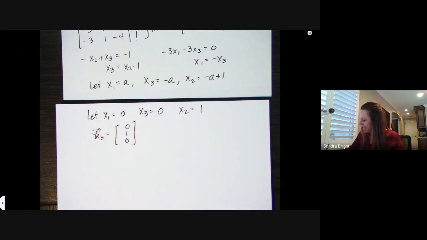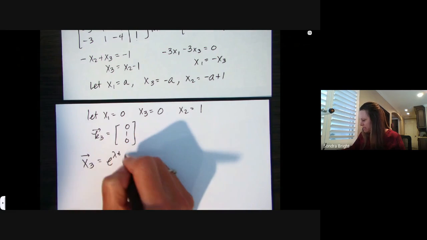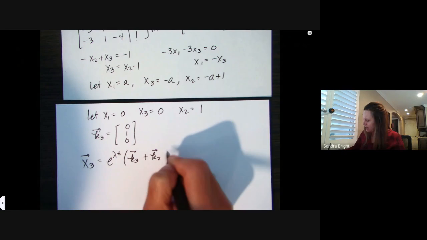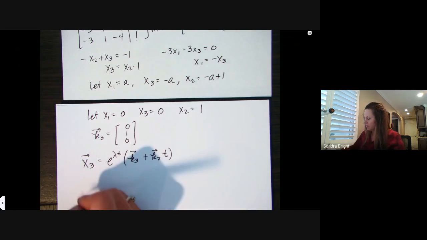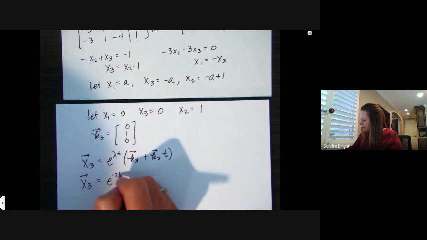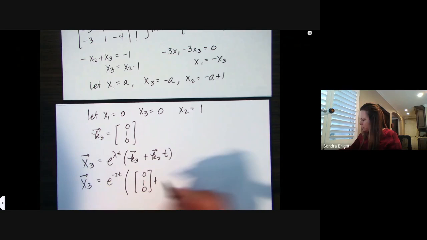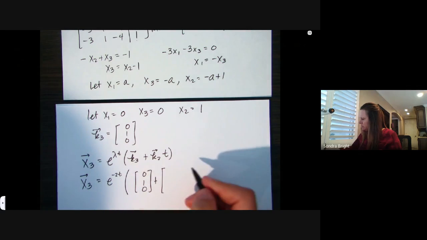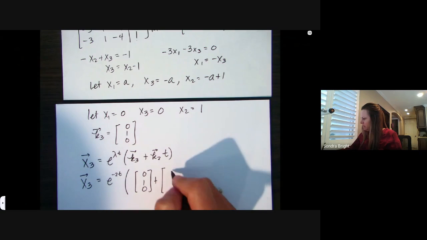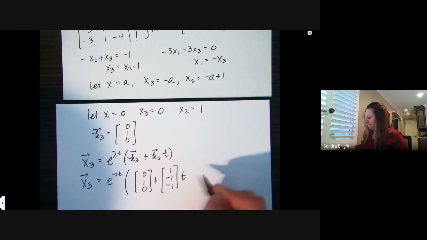Remember, x3 is e to the lambda t times K3 plus K2 times t. So x3 is going to be e to the -2t, where -2 is my eigenvalue, times K3, 0, 1, 0, plus K2, which was all the way up there, 1, -1, -1 times t.